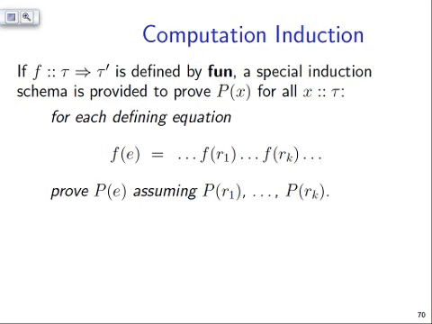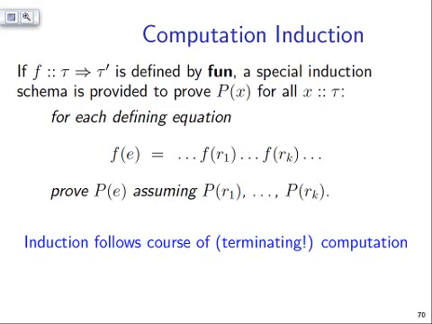So the idea is always you assume the property for the arguments of the recursive calls, and you have to prove the property for the argument on the left-hand side. So basically, the property propagates up in the recursion tree. If you think of the function calls as a recursion tree, then you show that you can prove the property by propagating up the recursion tree until you've shown that it's really true at the top of your initial call.